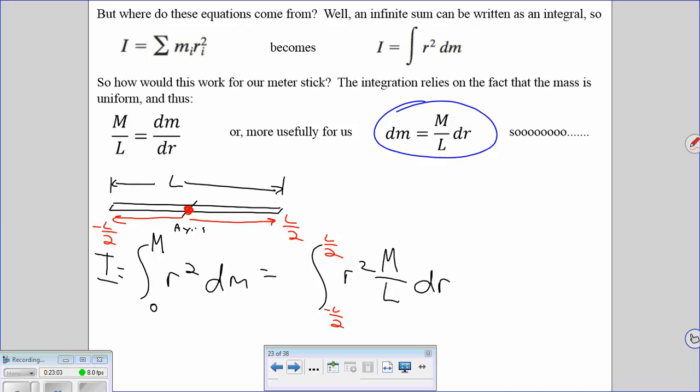Let me pause there for a minute. Does that make sense? All of our mass is located within a radius somewhere between negative L over 2 and positive L over 2. So that's equivalent to integrating from a starting mass of 0 to an ending mass of the whole thing. Cool? Okay, cool. From here, this actually isn't too bad.